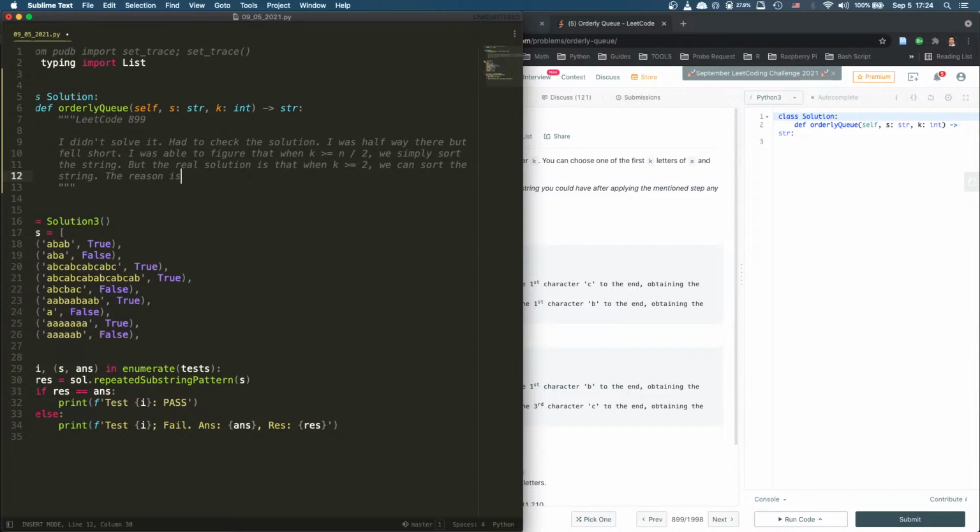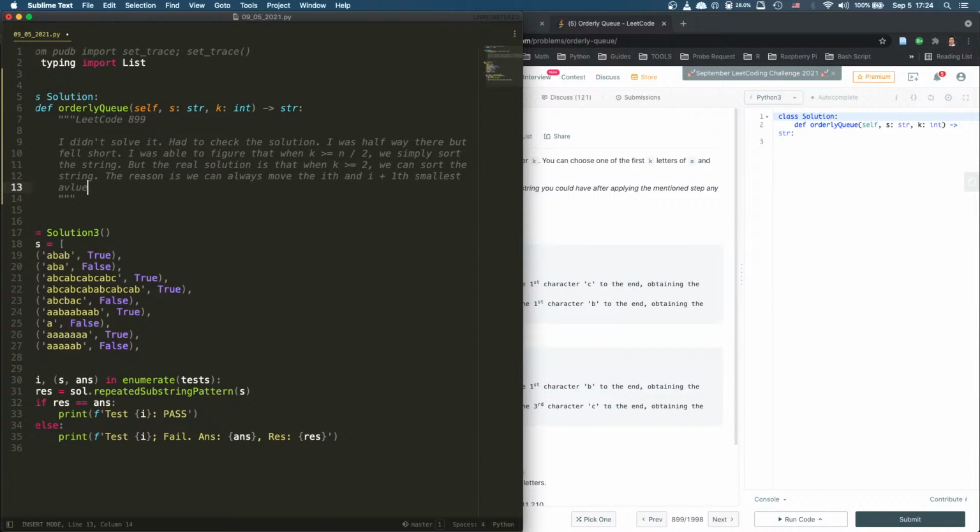The reason is we can always move the ith and i plus 1th smallest values, using k equals 2 as an example. K larger than 2 can be solved by the k equals 2 condition.